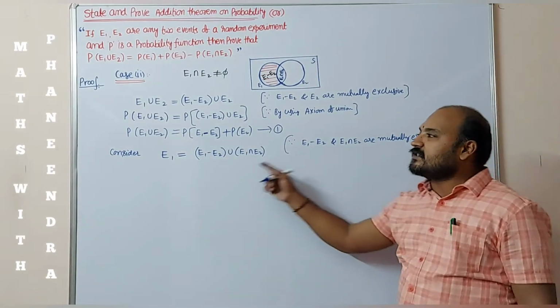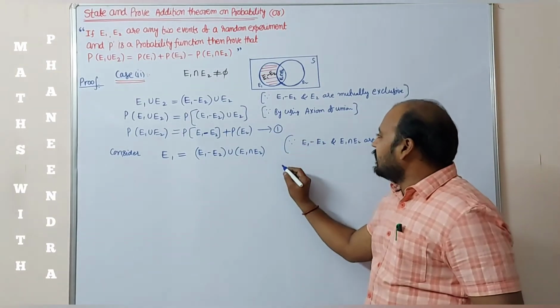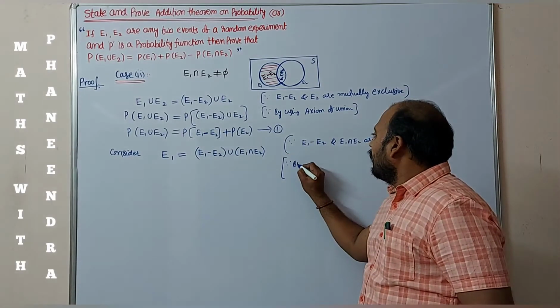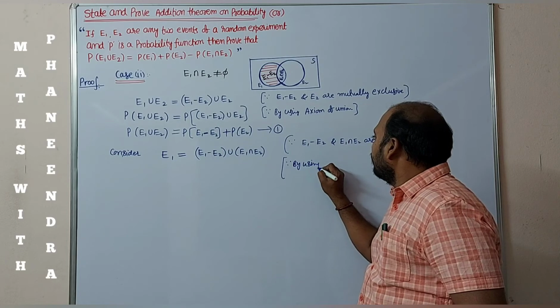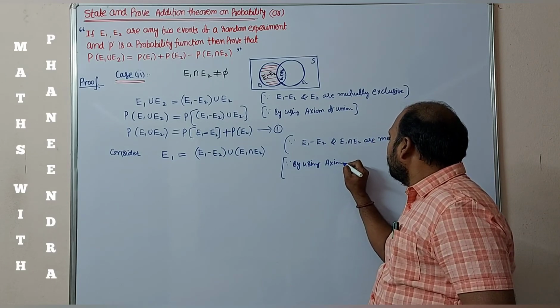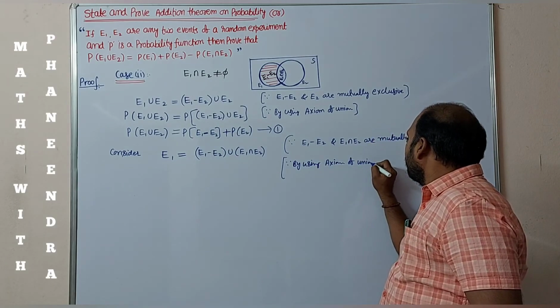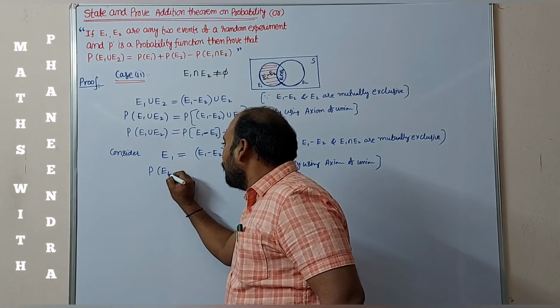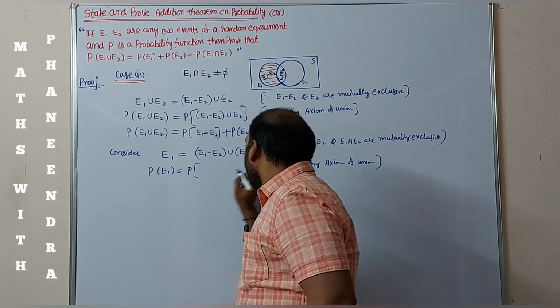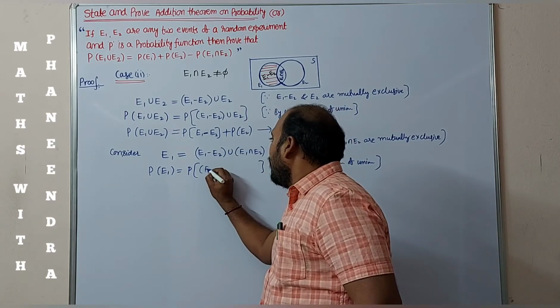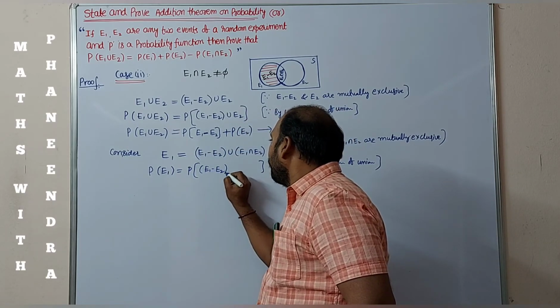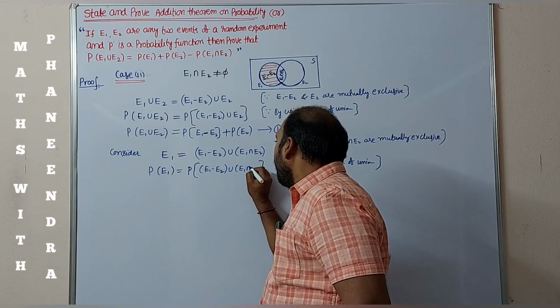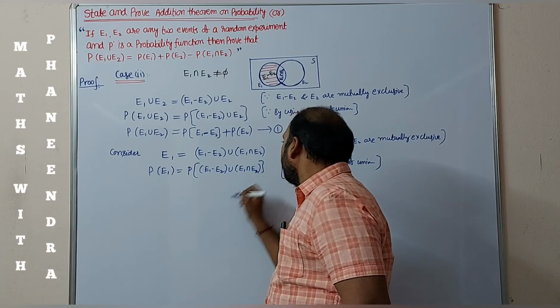So by using the axiom of union, taking probability on both sides, P of E1 is equal to the probability of E1 minus E2 union E1 intersection E2.